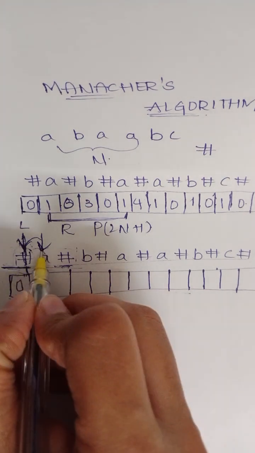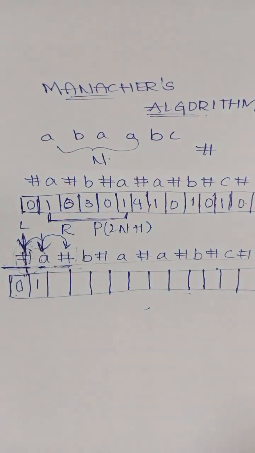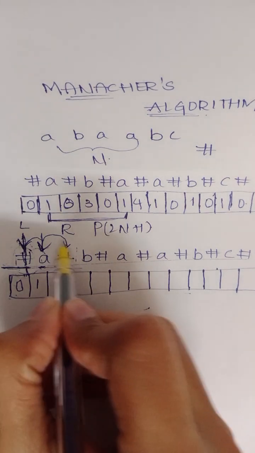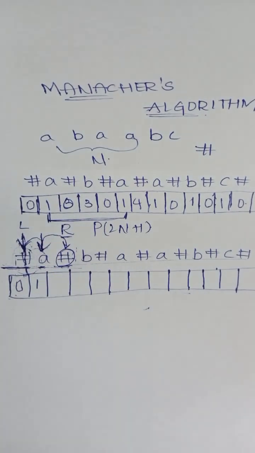Now we move to the next character. As we move to the next character, we see that our current pointer and our right pointer are on the same letter.